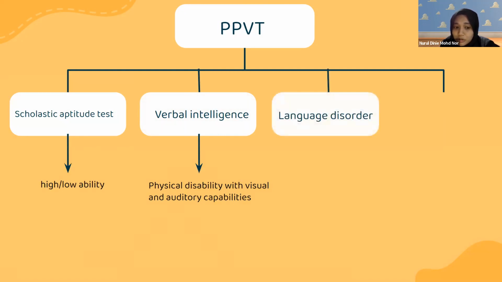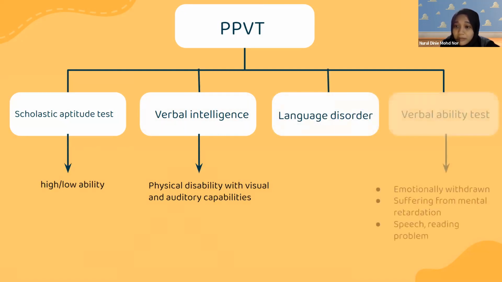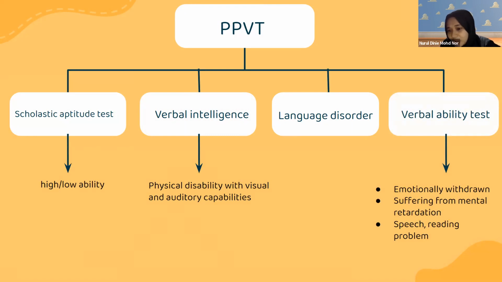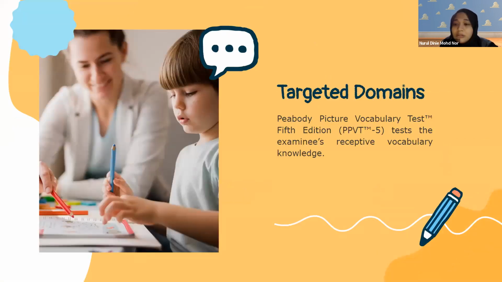It can also be used to identify language disorder in children. And lastly, for children who suffer from emotional withdrawal, mental retardation, or speech or reading problems, this is a good verbal ability test. Okay, next I'll pass the time to Joelle.